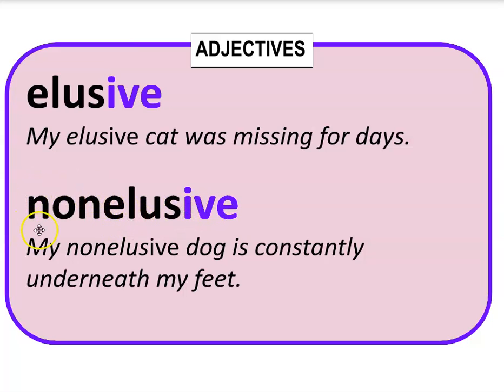Non-elusive, we add our prefix non here, would be the opposite of that. So it would be not being able to have the quality of escaping or avoiding. So my non-elusive dog is constantly underneath my feet. So this is a dog that has the quality of not being able to escape or avoid.